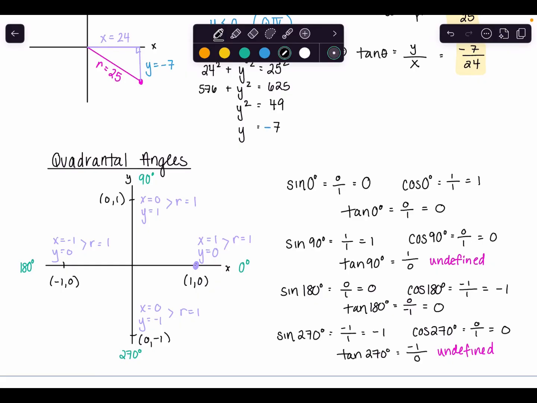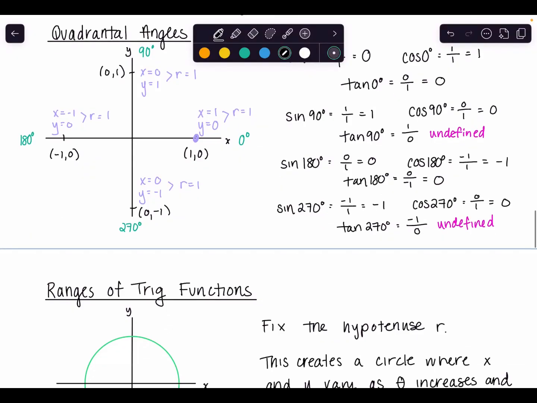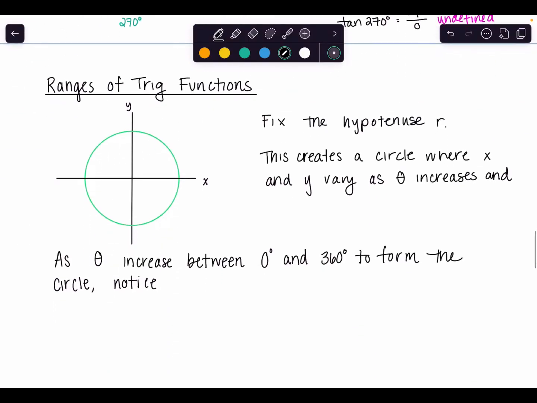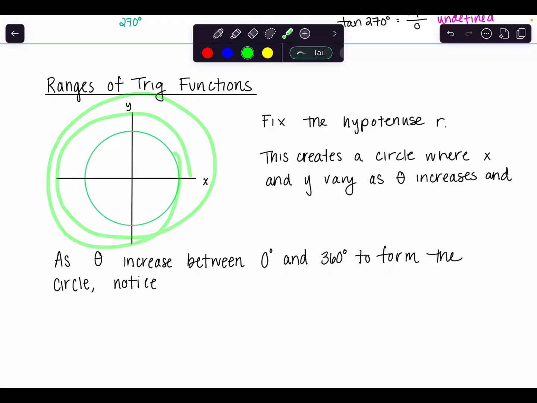So now that we have a little bit of a hang on these quadrantal angles, we're going to talk about the ranges of all of these different trig functions. So again, that angle theta can be anything between 0 and 360, and really it can go even further after that, because we'll just land back on the same terminal side and we can find a different angle corresponding to it.